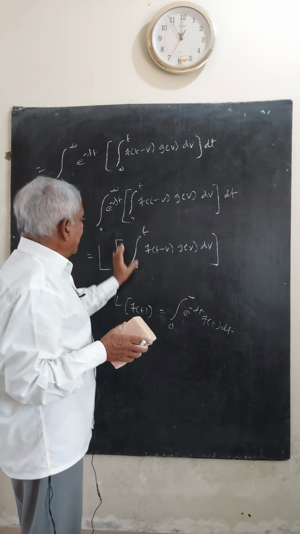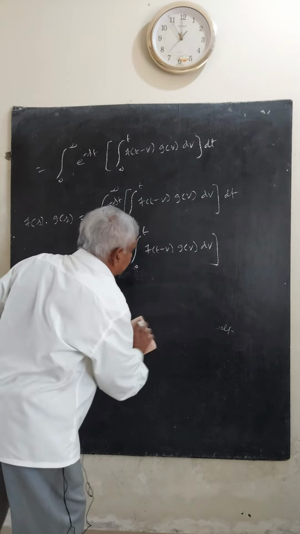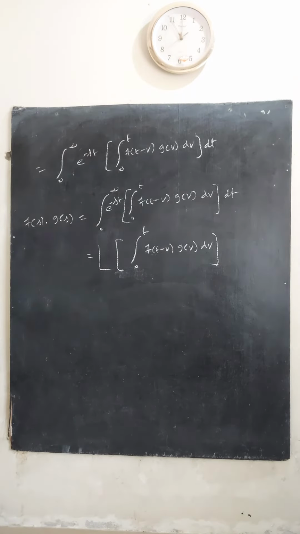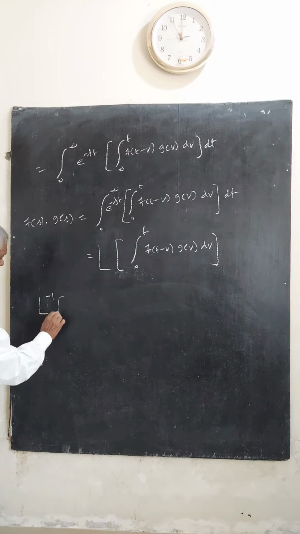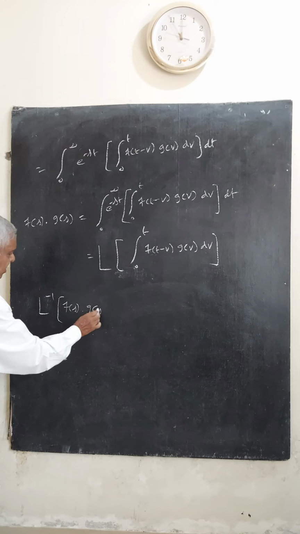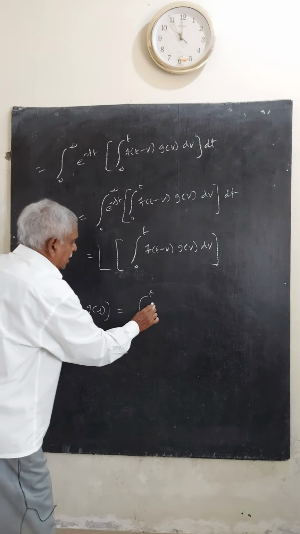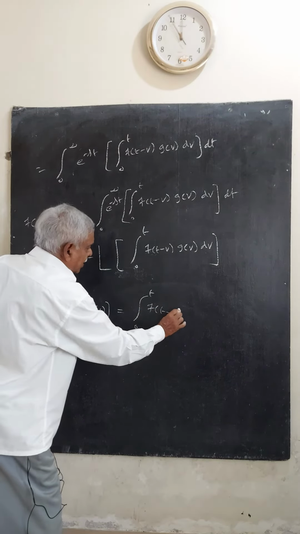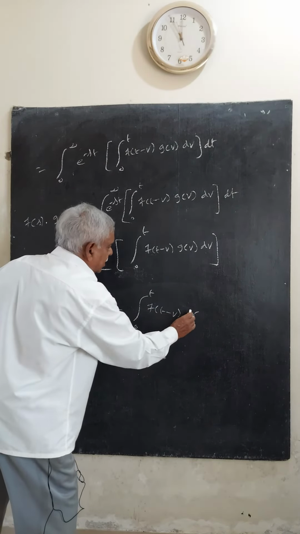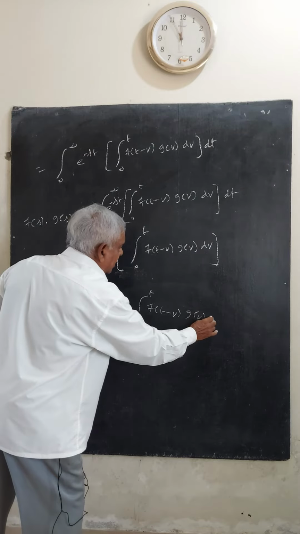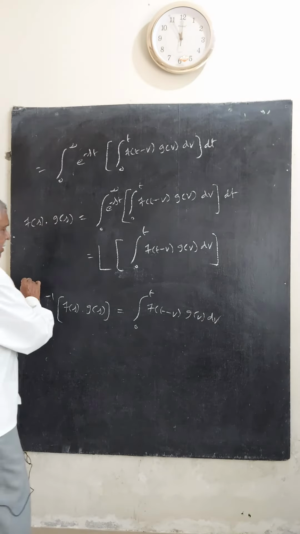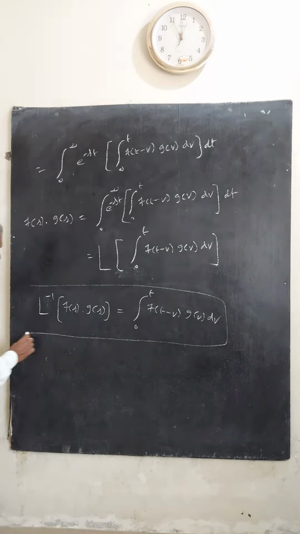Here f of t acts like this. L comes to this side: L inverse of f of s into g of s equal to 0 to t f of t minus v g of v dv. This is the convolution proof.